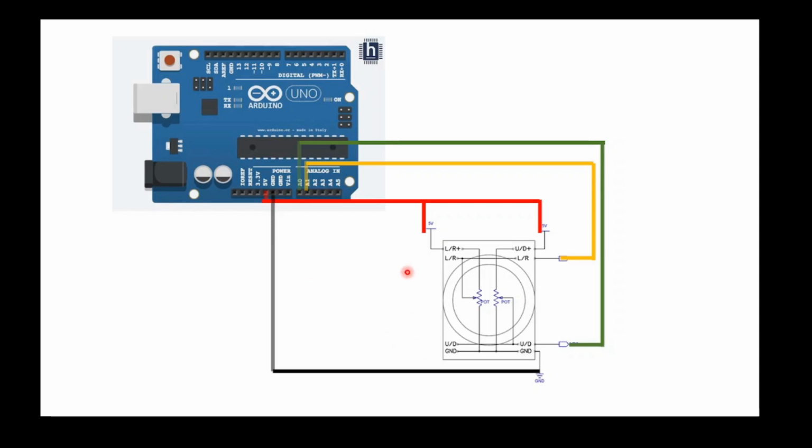Next would be the analog input for the left and right value. So this is the first potentiometer, and for the value of this left and right potentiometer, we just need to connect to one of the analog inputs, or if you like, you can even connect to the digital input.